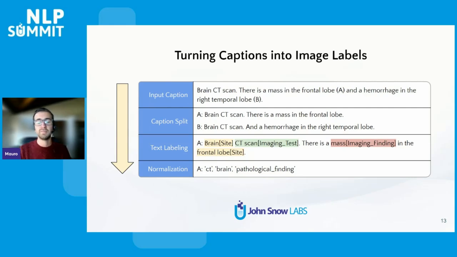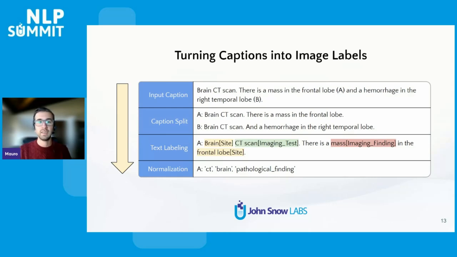We didn't need to use any assertion model or any relation model because of the type of data that we were dealing with. Captions usually are descriptions of the images, so you will not find hypothetical mentions or absent mentions.